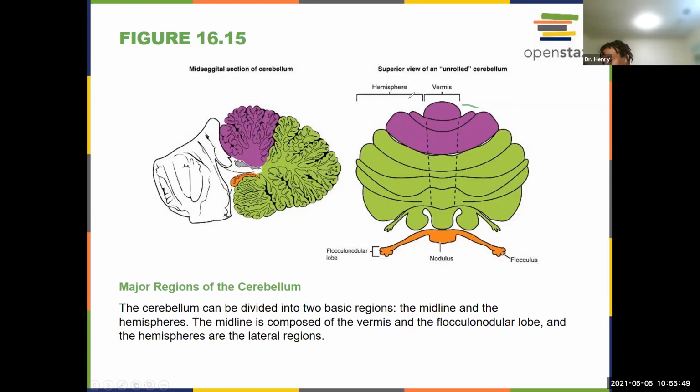The part that controls our gait, and is also involved in our equilibrium, proprioceptive feedback, and coordination of movements, is the vermis, and then also the flocculonodular lobe.